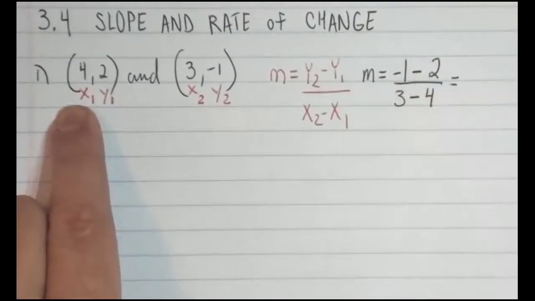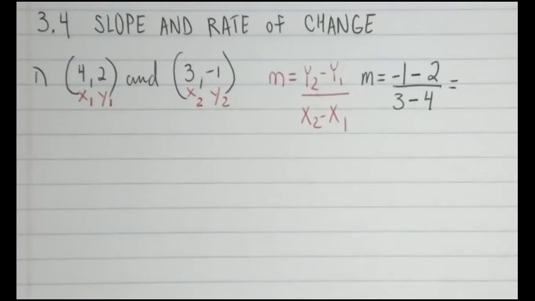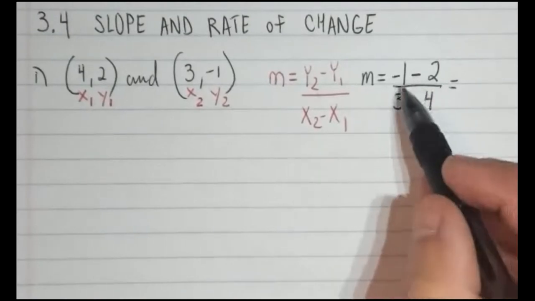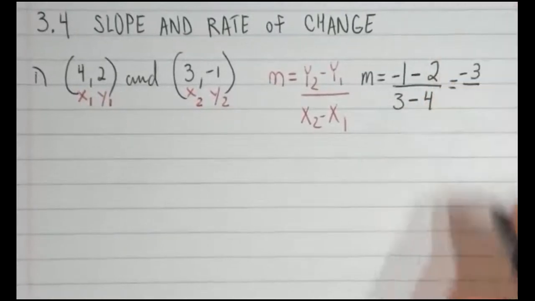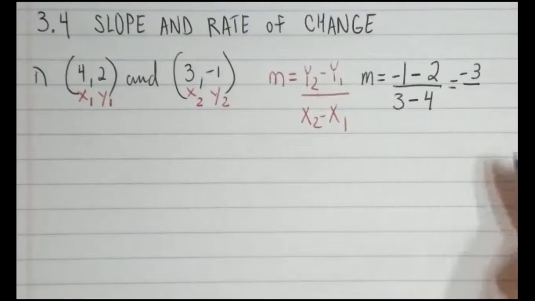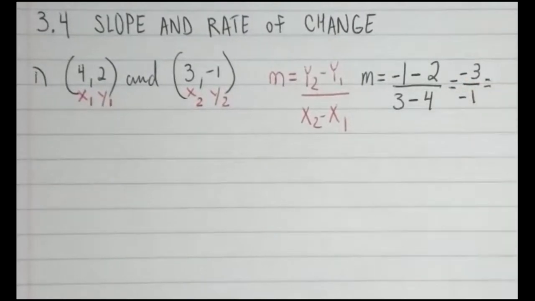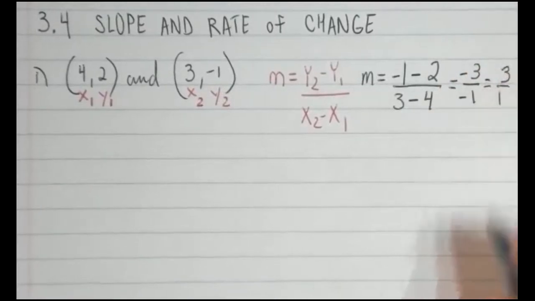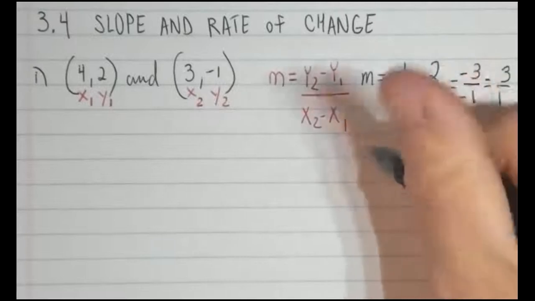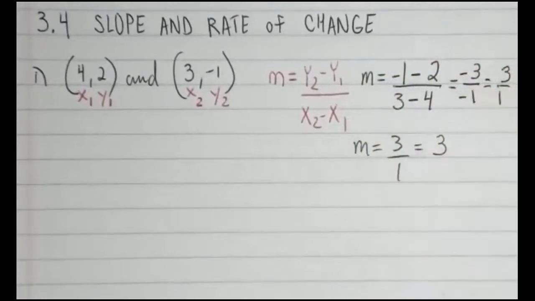Hopefully by now we're pretty good with subtracting and adding integers. If we're not, use a calculator. We have to make sure we don't get these wrong. -1 take away 2 gives me -3. 3 take away 4 gives me -1. And what's the rule? When I have a negative over a negative, they both turn into a positive. So you could enter that answer as 3 over 1, or really, what is 3 over 1 equal to?